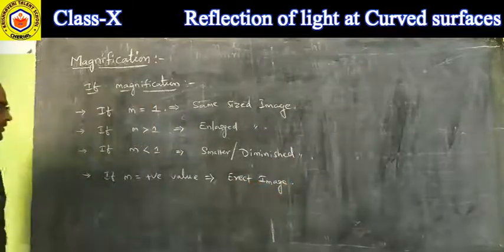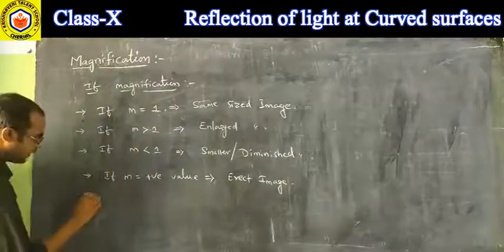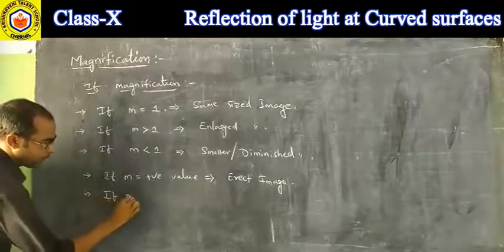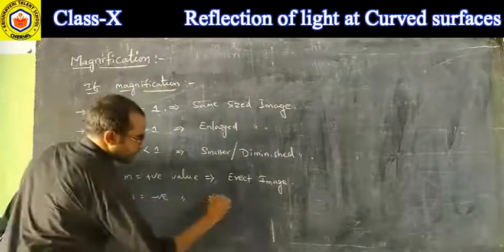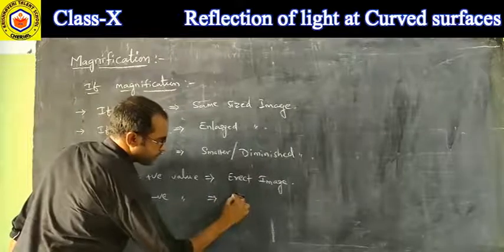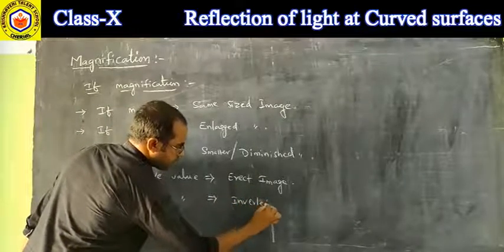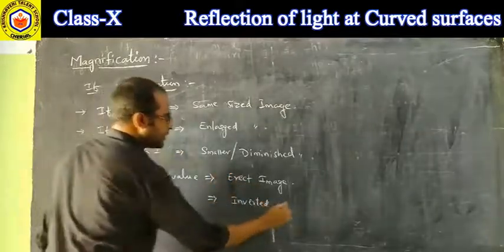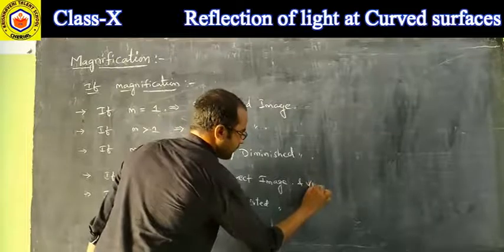If magnification is a positive value, then it indicates an erect image, and if magnification is a negative value, then it indicates an inverted image.